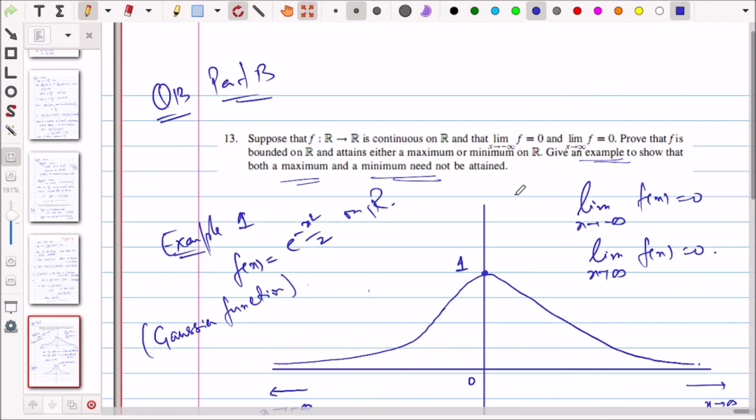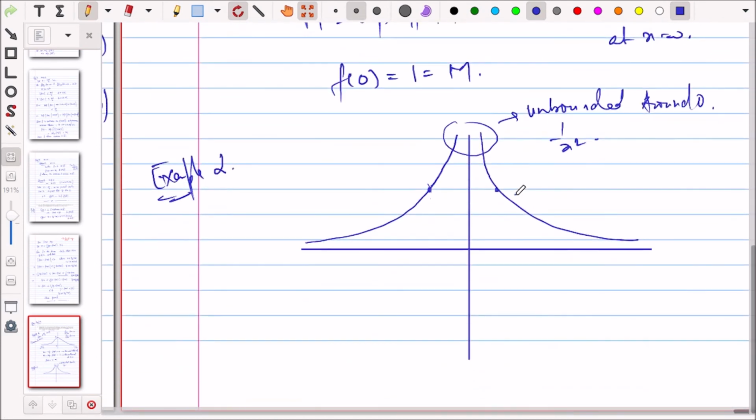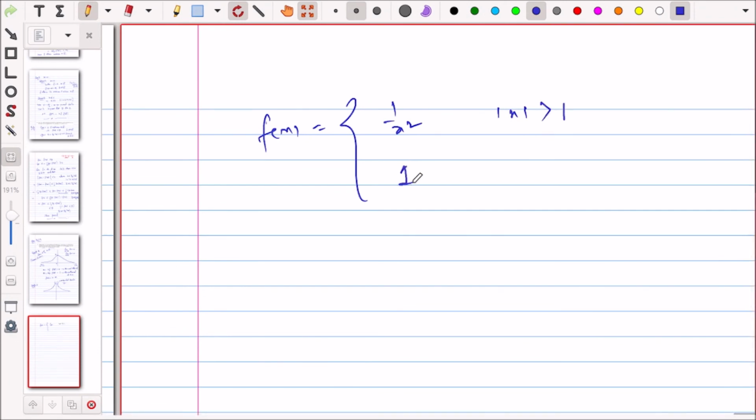So if I define f of x equal to 1 by x square when mod x is greater than 1, and define it to be the constant function 1 when mod x is less than or equal to 1.